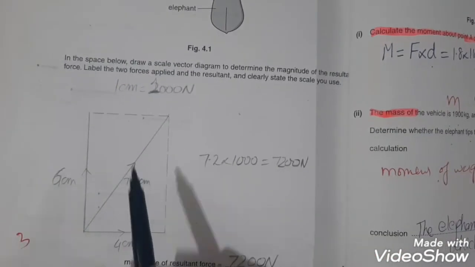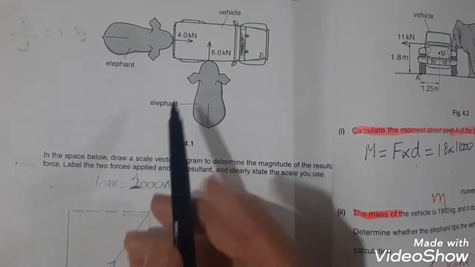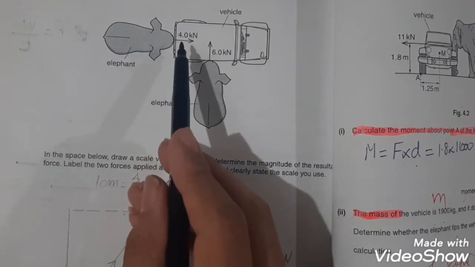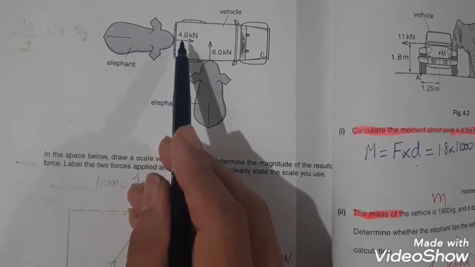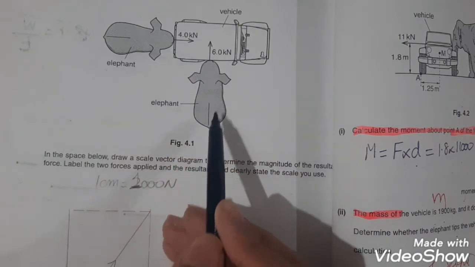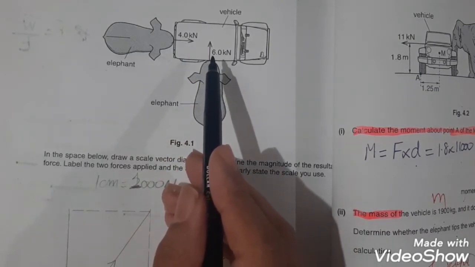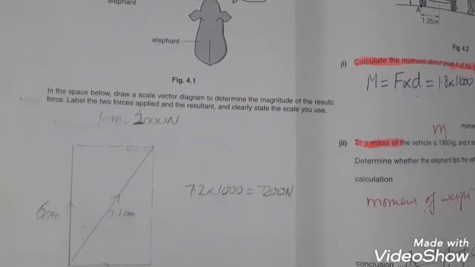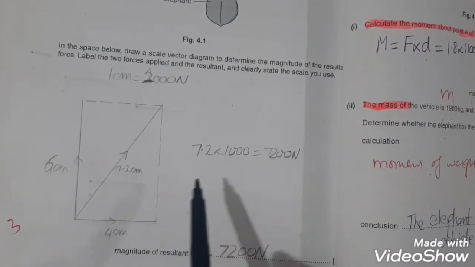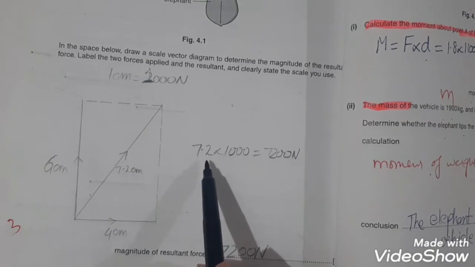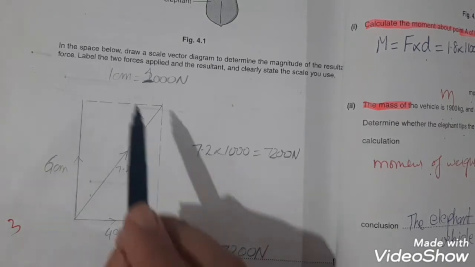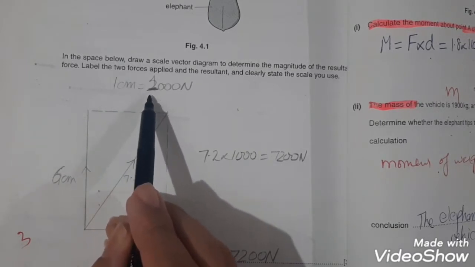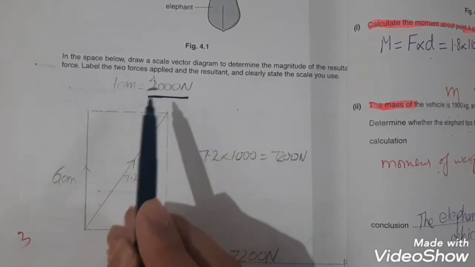So over here two elephants are exerting forces. The first one is exerting 4 kilonewtons, and the second elephant is pushing 6 kilonewtons. Here we will be using the scale 1 centimeter is equal to 1000 newtons.